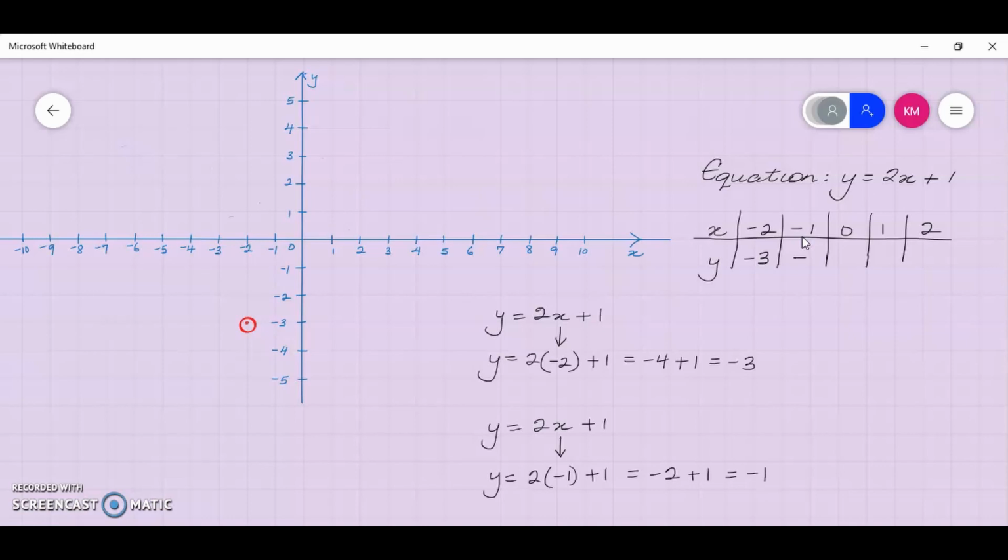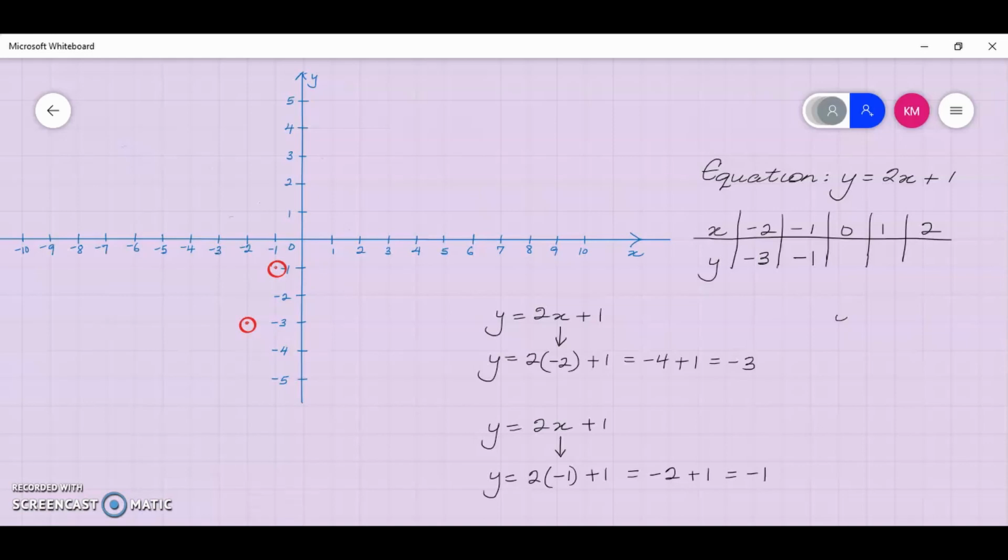So my y value here is -1. So I have another point, -1, -1. So I look for -1. It's here. And I go down until I find -1 on my y-axis. So it's going to be here. That's my second point.